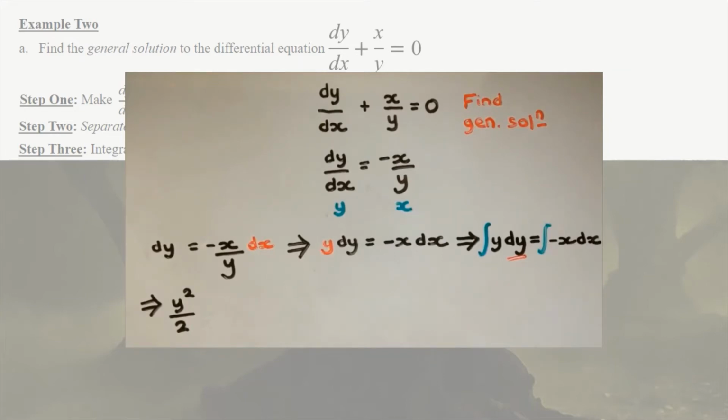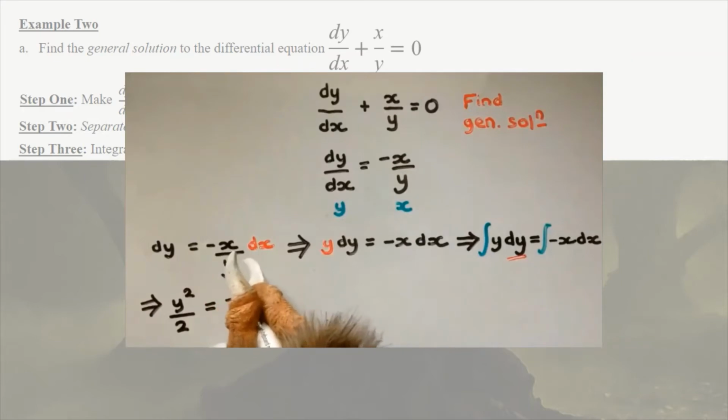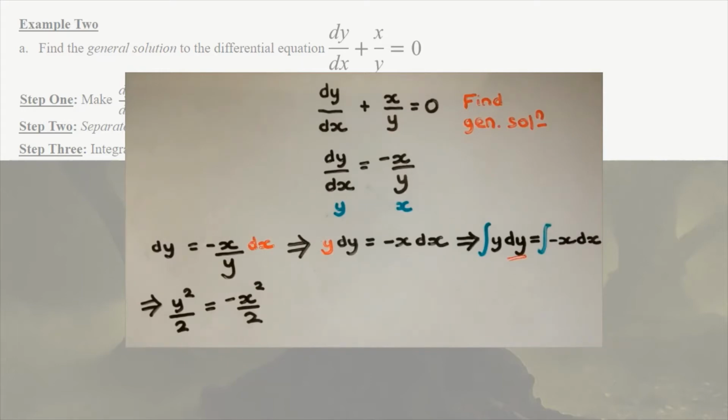The left hand side is integrated. That's going to equal, now negative x, okay, but it's just 1 power of x, so I add 1 to the power, again divide by the new power. So it's going to be negative x squared divided by 2. All right, and plus a constant.